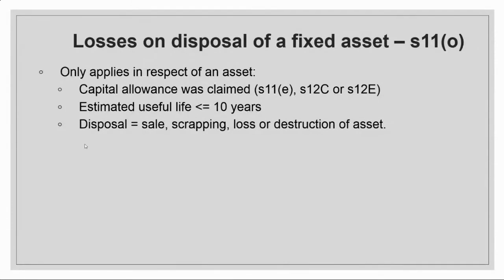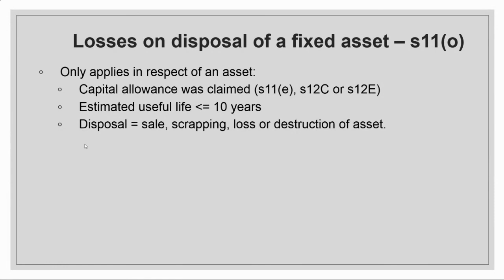Section 11O, this is when I sell an asset and I'm actually making a loss on the sale of that asset. You are allowed to claim an additional section 11O scrapping allowance. And that is generally for capital allowances claimed in terms of section 11E, 12C, or 12E, where the estimated useful life of that asset is less than 10 years.